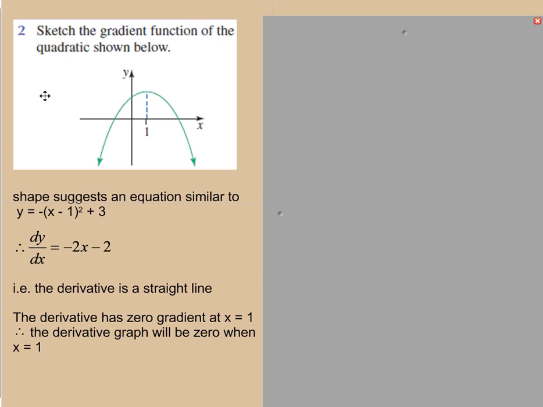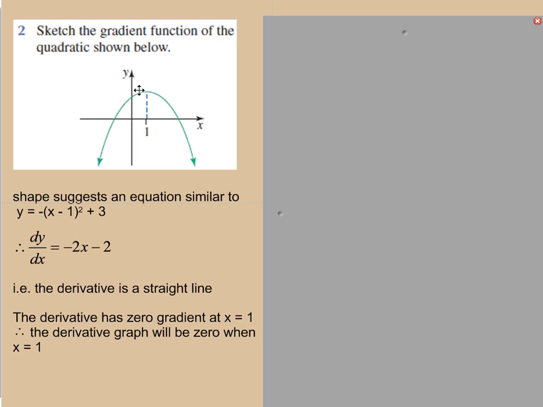Okay, let's look at this example here which says sketch the gradient function for the quadratic shown below. Now we can see that it's an inverted quadratic and it's got a turning point or a vertex at x equal to 1. So that suggests that its equation is similar to something like negative, because it's upside down, (x minus 1) squared, because it has a turning point at 1.